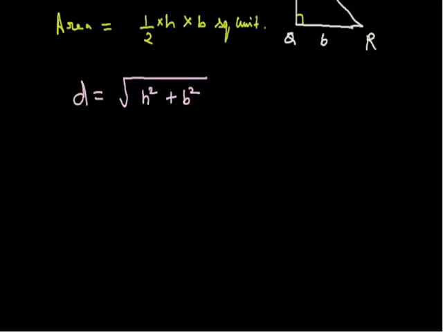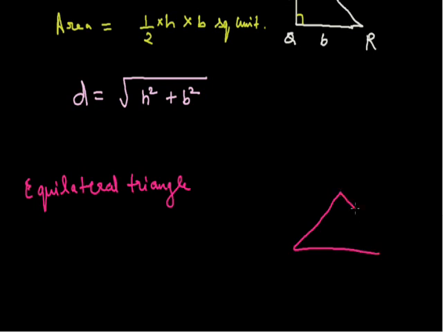Now in case of an equilateral triangle, the perimeter can be calculated easily since all the 3 sides are equal.